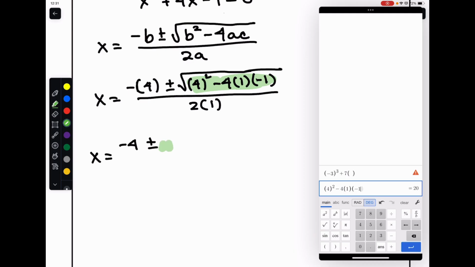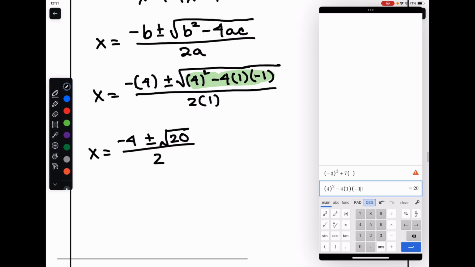So we have the square root of 20. And then 2 times 1, well, that's equal to 2.